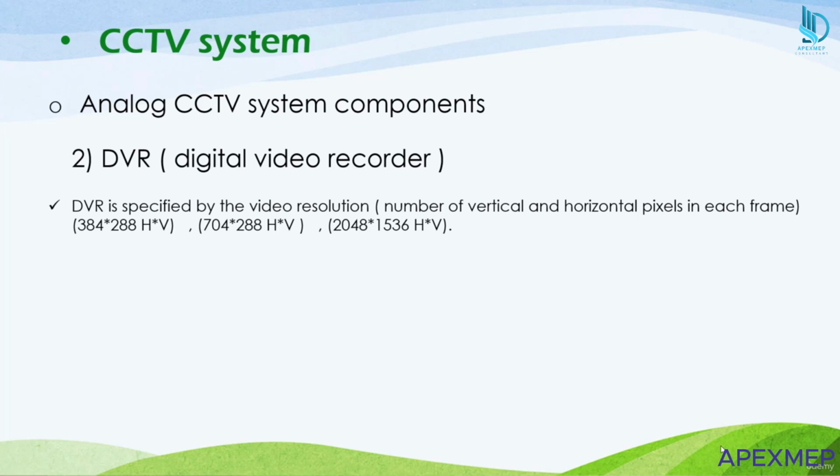And this video resolution is described by the number of pixels that each frame has, as the more pixels in each frame, the higher the resolution and the higher the quality of the video. This resolution is specified by the number of horizontal pixels in the frame times the number of vertical pixels in the frame.